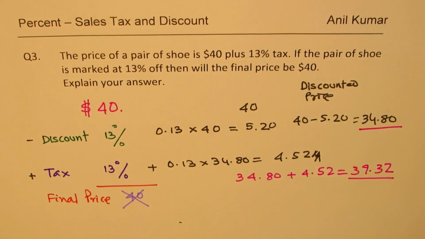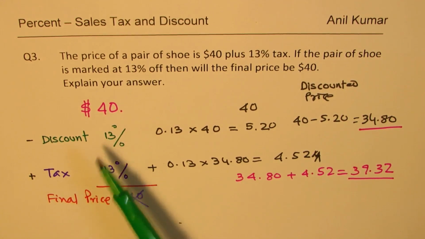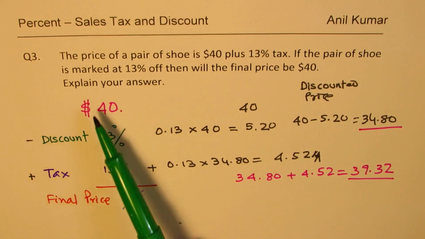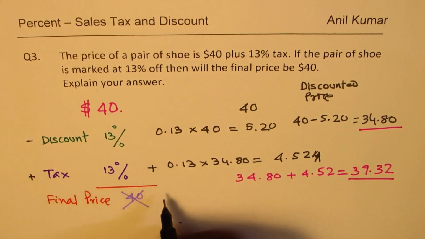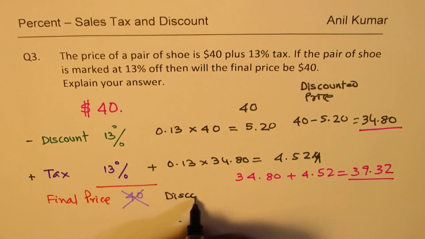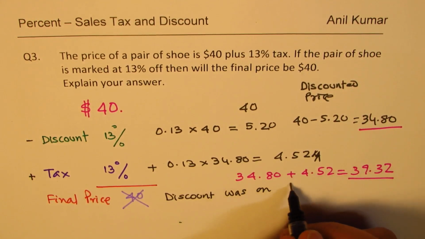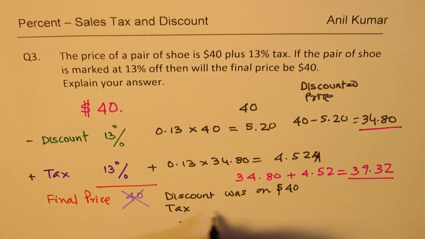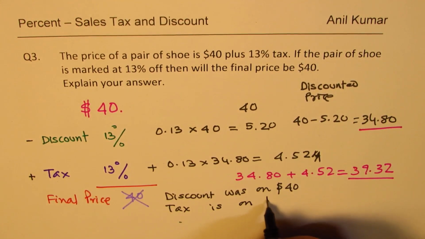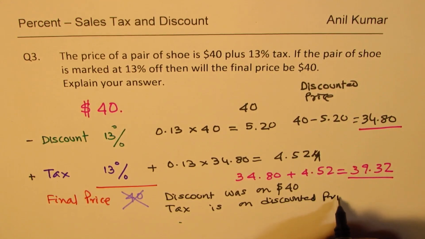Do you understand? Now, why is it so? We gave the same discount as the tax. The idea is, the discount was on $40, right? So the important thing to note here is that the discount was on $40, but the tax is on the discounted price, which is lesser.